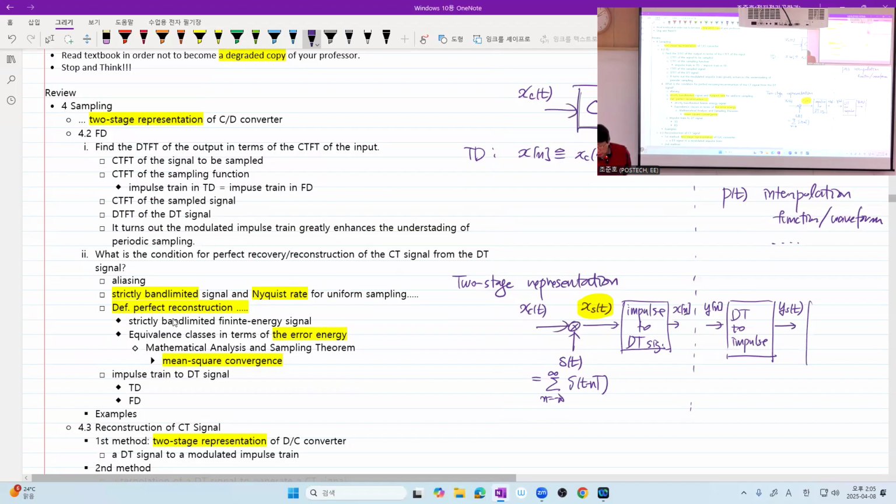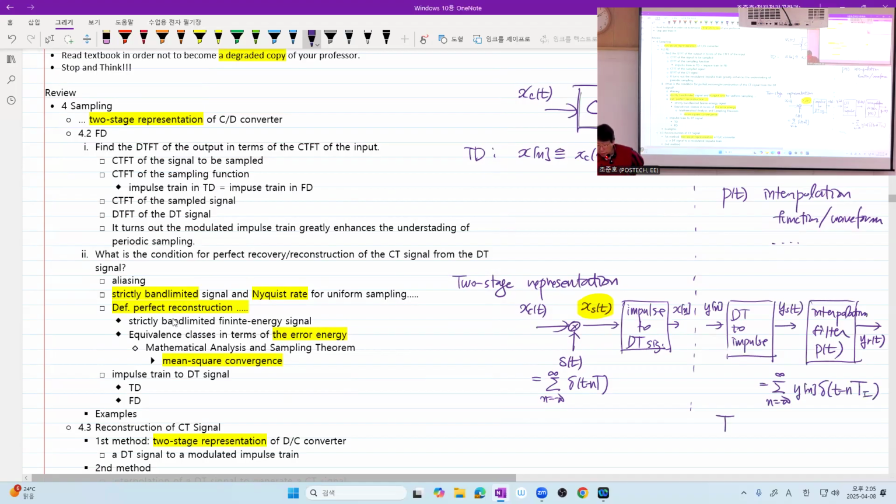And then here is the interpolation filter with impulse response p of t. So you have y reconstructed of t. Let's see this y sub s of t carefully. Here you have y of n times delta of t minus nT_I.